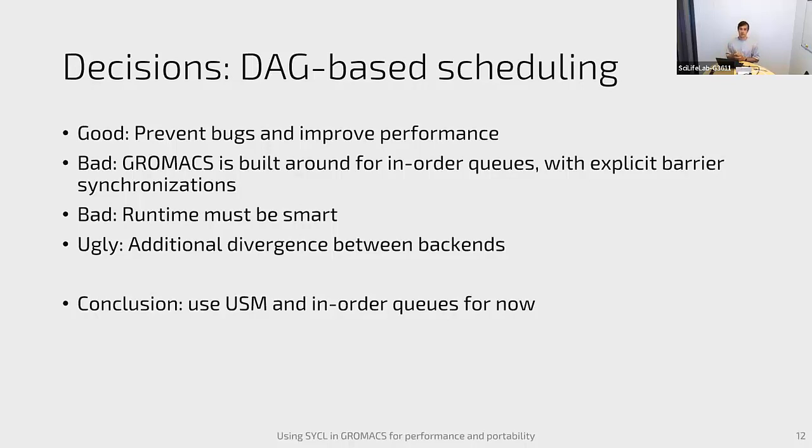Unfortunately, in GROMACS, we already did most of the work that the runtime is supposed to do. We already run things in parallel, in multiple in-order queues where possible. We already do a lot of synchronizations. So we already invested all this effort, and the runtime won't save us from that.